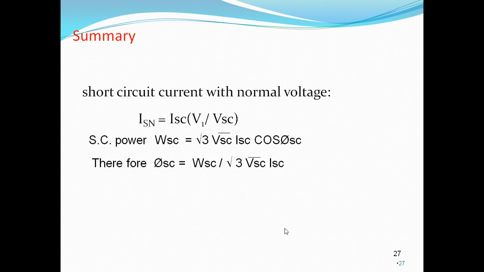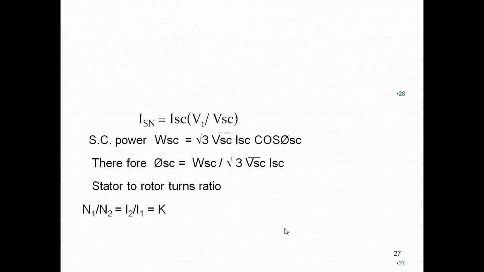So cos phi SC is equal to WS by root 3 VSC into ISC. And stator to rotor turns ratio, N1 by N2 is equal to I2 by I1. So that is K.